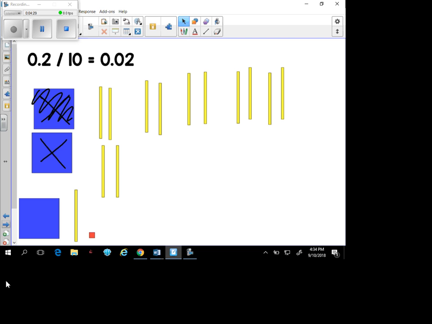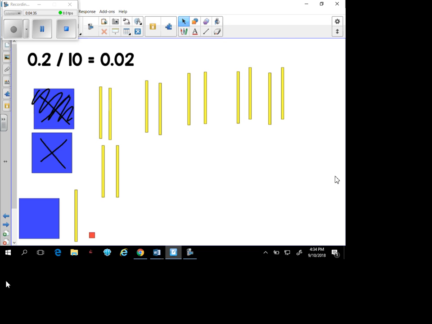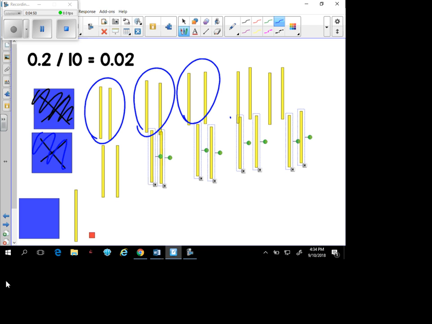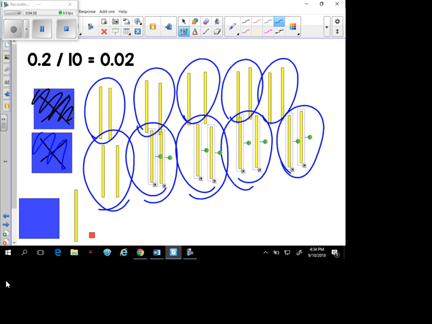And we're going to do the same for this one. I'm going to copy and paste. Boom! All right, now I have to check to see if I have 10 equal groups. 1, 2, 3, 4, 5, 6, 7, 8, 9, 10 equal groups.